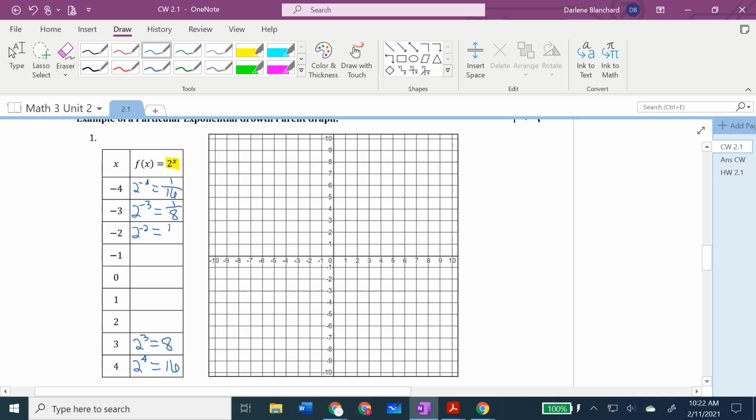Good, 1/4. And 2 to the second power is 4. And what is 2 to the negative 1? Because you can just think about those exponent rules. The negative exponent rule just says you belong on the other side of the fraction. 1/2.